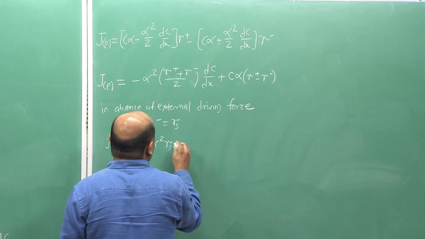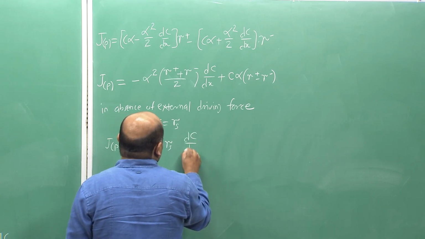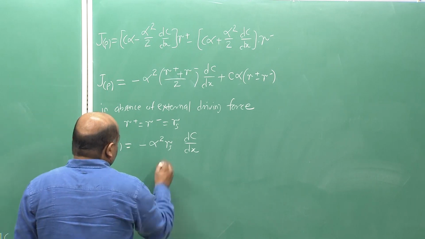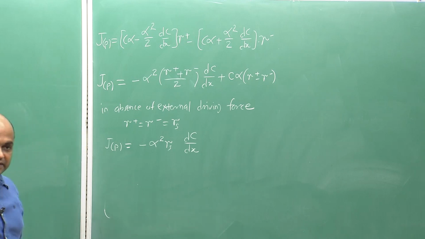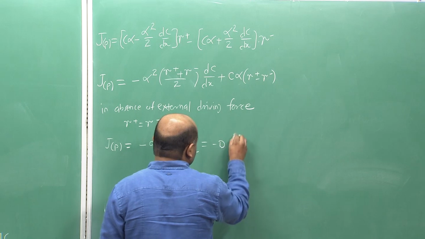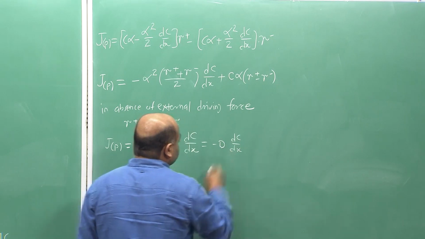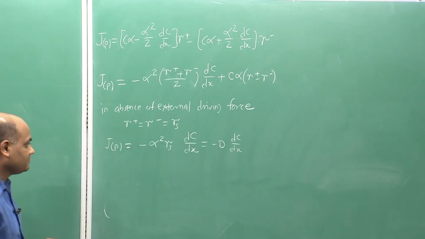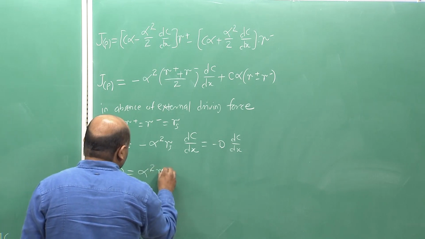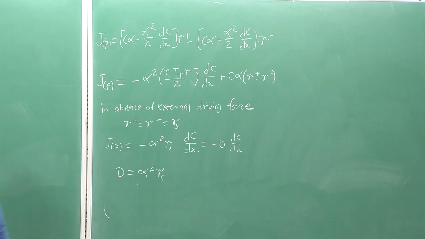So, let us call it gamma s now, dc by dx. So, we get a familiar expression which is similar to the Fick's law expression, right, minus D dc by dx, if we use D is equal to alpha square gamma s.